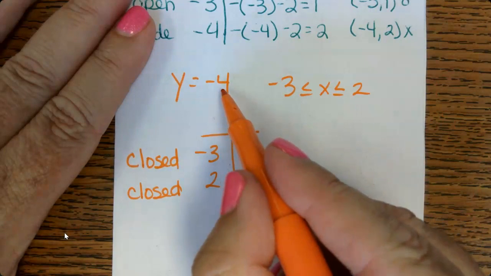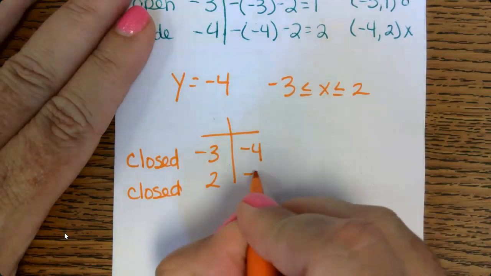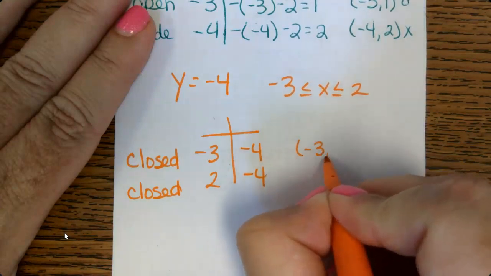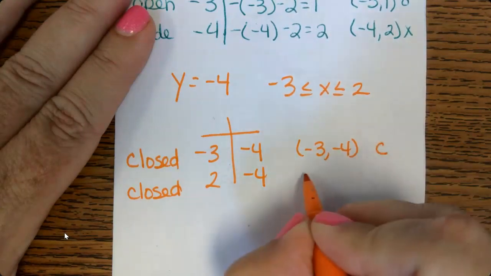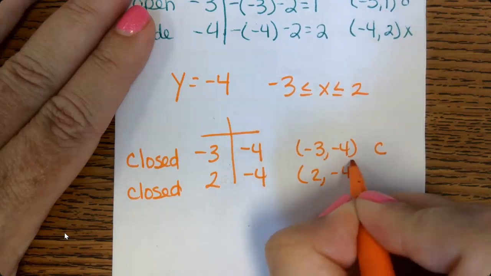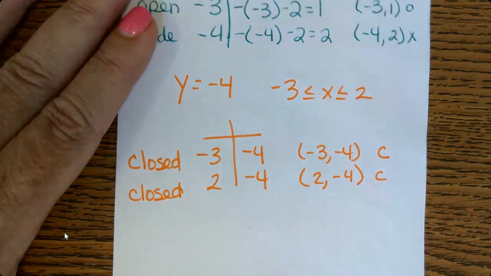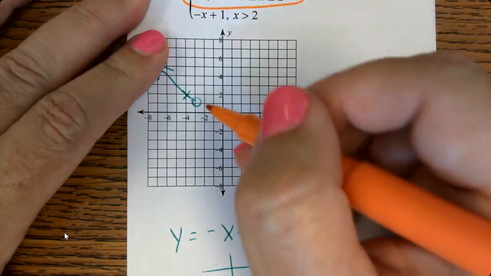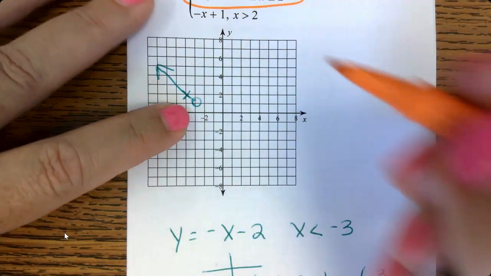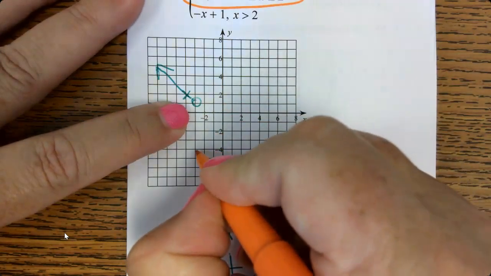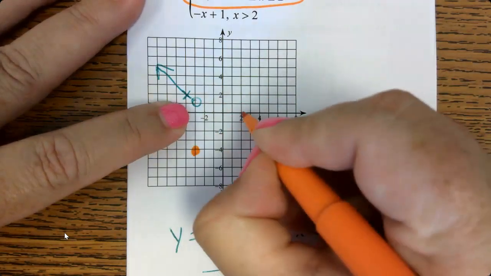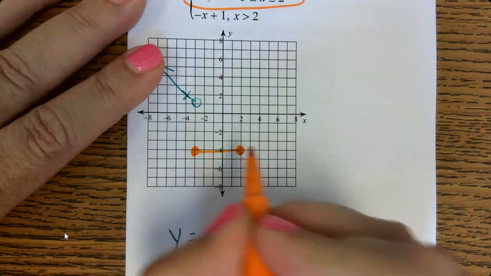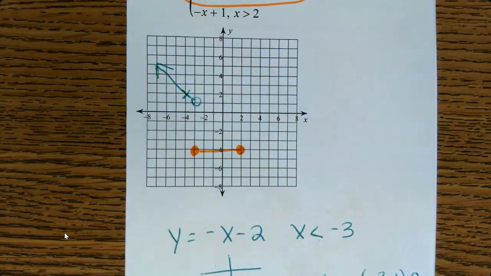And then the y value is negative 4. So we have negative 3, negative 4, closed, and 2 and negative 4, closed. So here we go. Negative 3, negative 4, closed, and 2 and negative 4, closed. Okay, we have that.